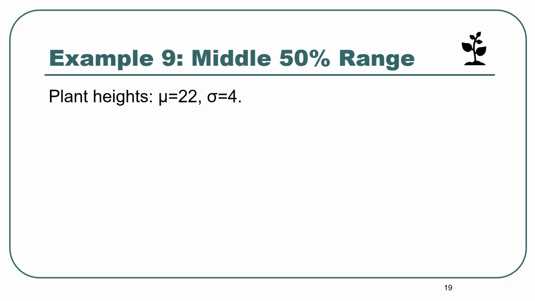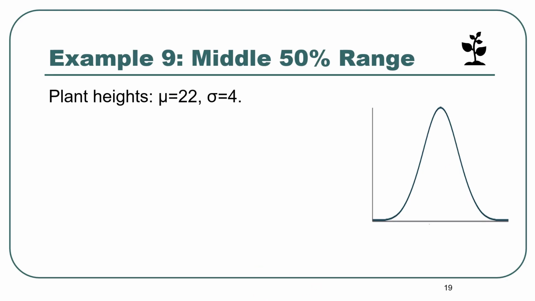So plant heights are normal with mu equal to 22 centimeters, sigma equal to 4 centimeters, and we want to find the middle 50% range. The middle 50% range is going to be bounded with 2 bounds. The lower one is the lower 25%, and the upper one is the upper 25%.